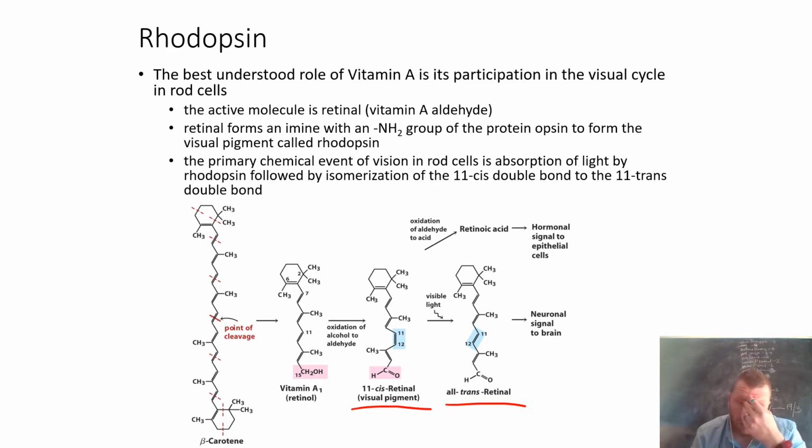Okay, so the fates of these two different molecules, the cis versus the trans form, is that the trans form ultimately sends the neuronal signal to the brain, whereas the cis form goes to the epithelial cells, or serves as a hormonal signal to epithelial cells. All of this is made possible by the ingestion of beta carotene.